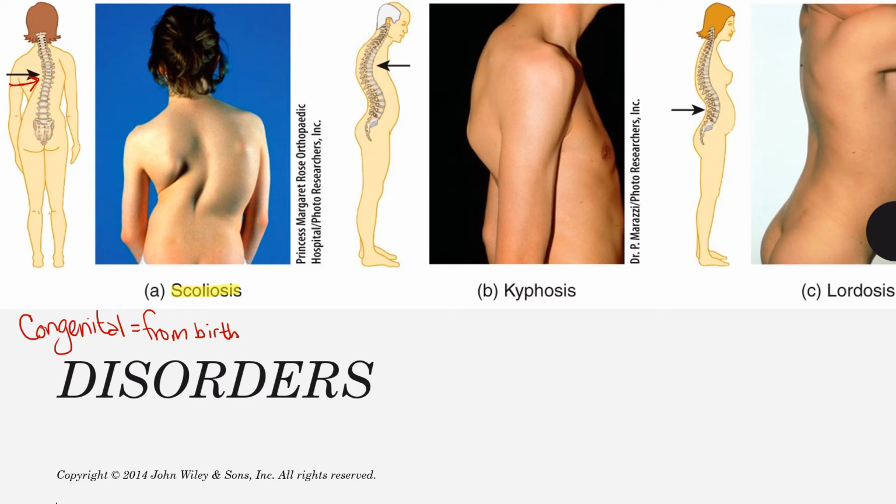Next, we have kyphosis. The prefix kyphos actually means hump. And this is an increase in the thoracic curve of the vertebral column that produces this hunchback look.